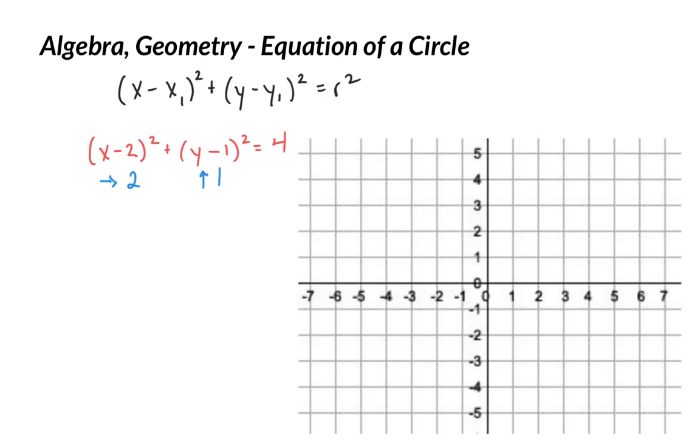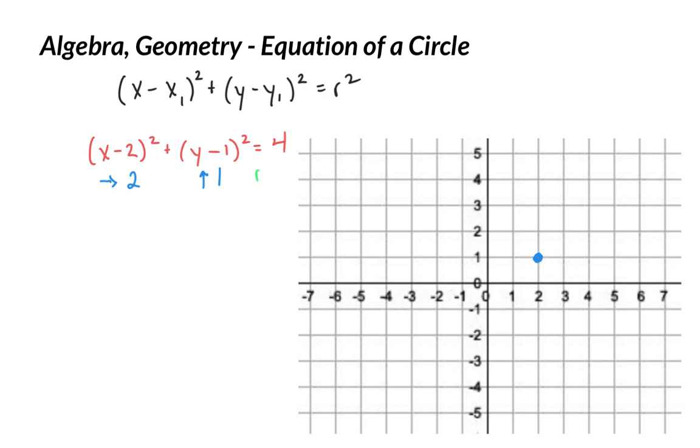Again, it feels like it's always the opposite, because it has to do with what would make that particular parentheses 0. So if we go over 2 units and up 1, we're right there. This represents the center of my circle. So just a quick reminder, it's the opposite. I know that kind of feels weird, but that's how we find it.